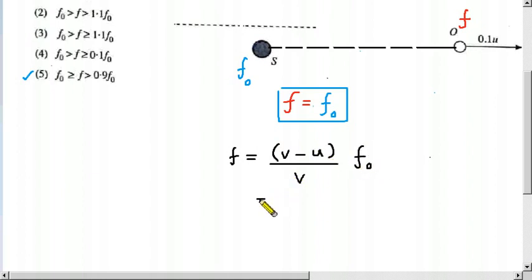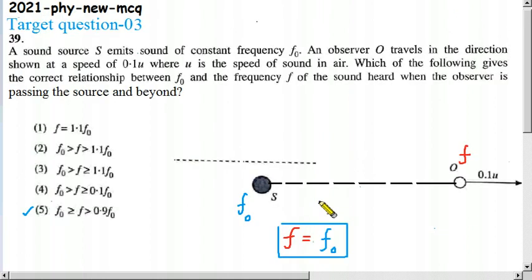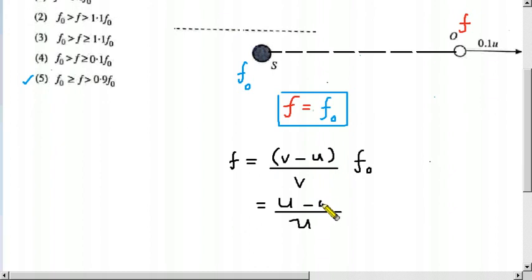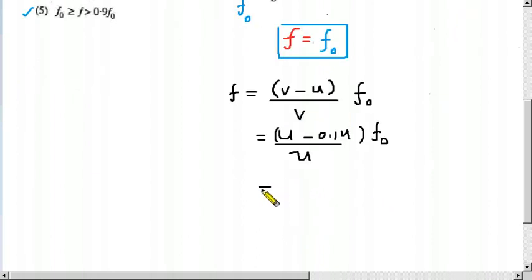So the frequency is, so we have to use the given symbols. Given symbols are like this, minus velocity 0.1 u. So u cancels, 1 minus 0.1. 1 minus 0.1 means 0.90 times f naught.